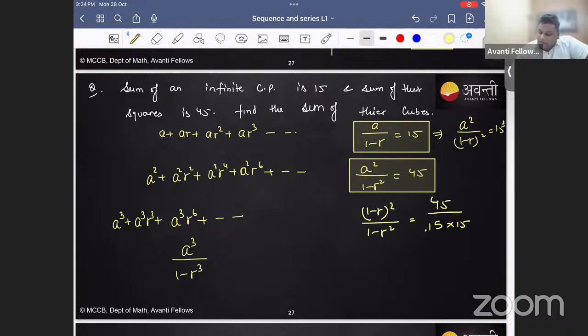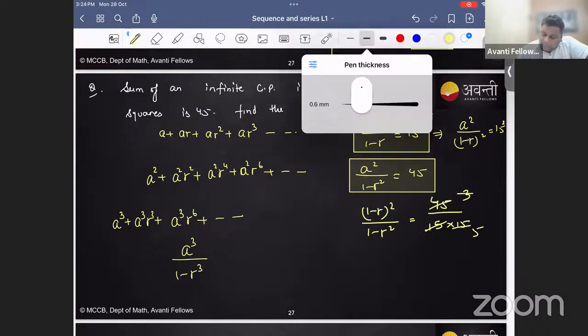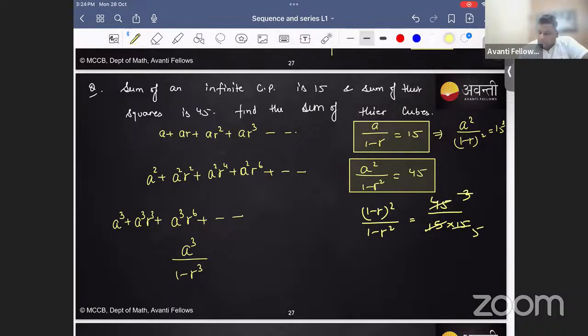Got it? 15 3s are 45, 3 5s are 15. So it is 1 minus R upon 1 plus R is 1 by 5. So 5 minus 5R is 1 plus R. From there, R you get as 4 by 6, that is 2 by 3.